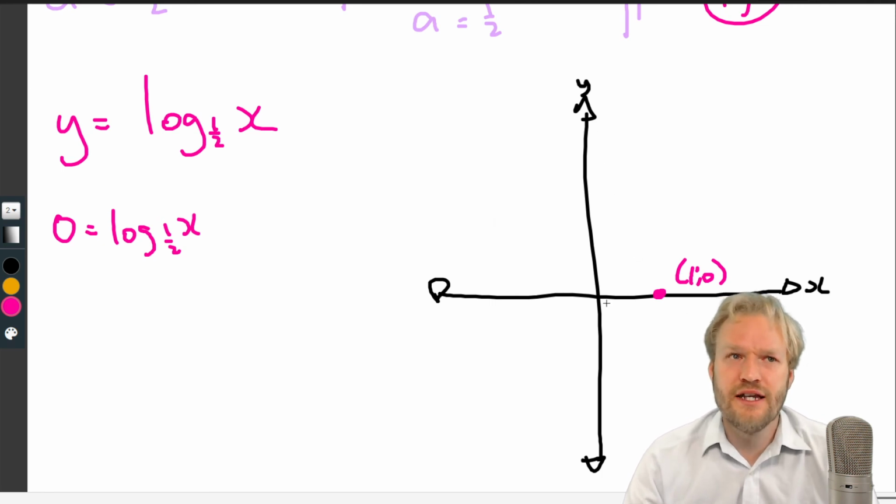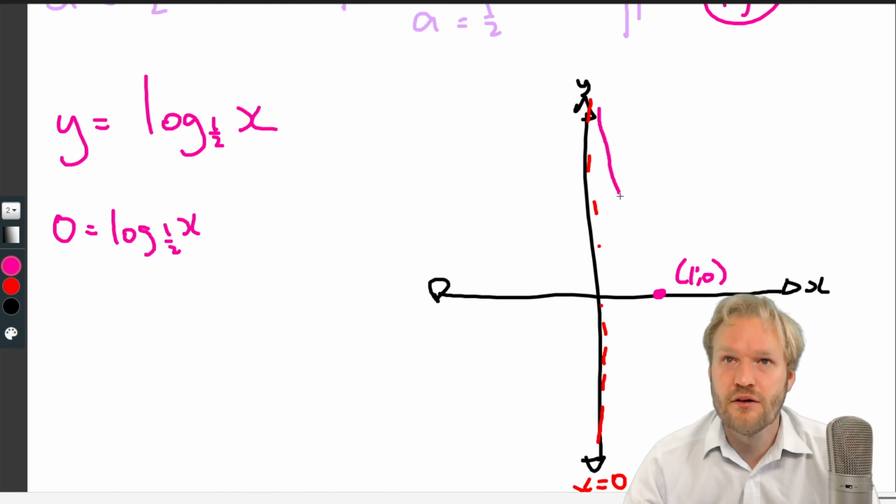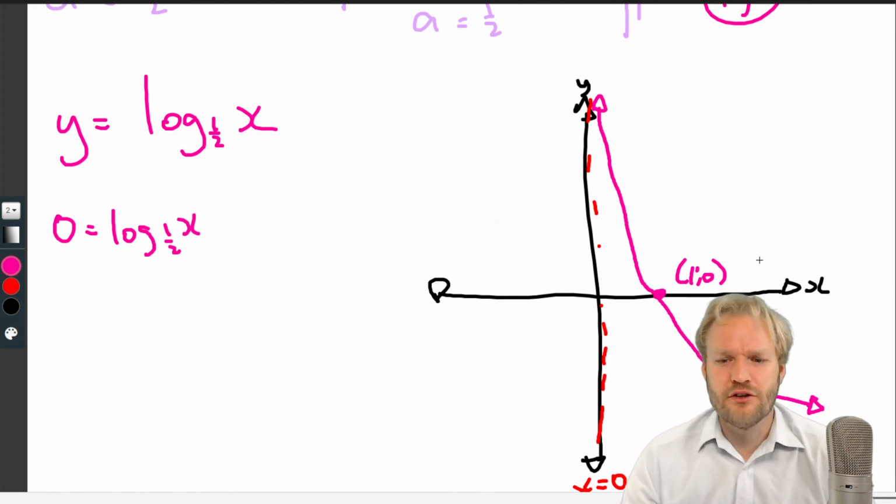Okay, it's decreasing. We've still got our asymptote over here at x equals 0. So there's only one way we can draw our graph. It must be going like that. Gets closer over here, goes through that point. Okay, so that's that one.